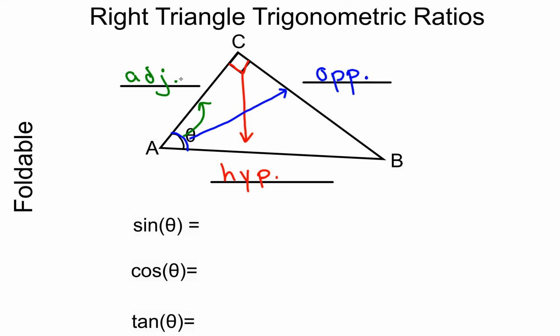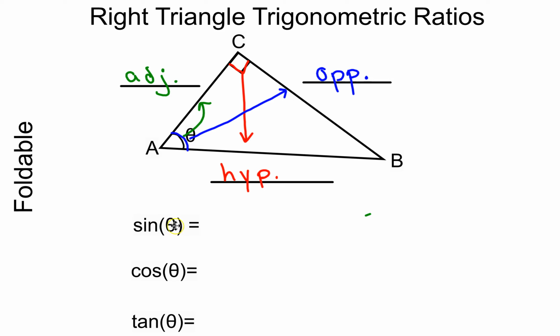So we talked about sine, cosine, and tangent, and we said those are our three trig functions. But what we haven't talked about is the actual ratios. So that's what we're going to talk about here on the front of the foldable. We have sine, cosine, and tangent. Notice the sine is a function of the angle theta.